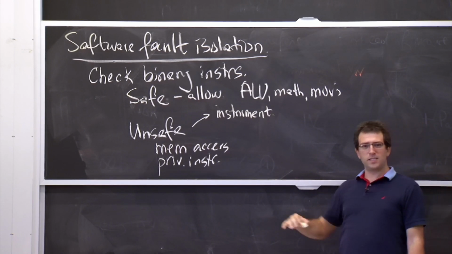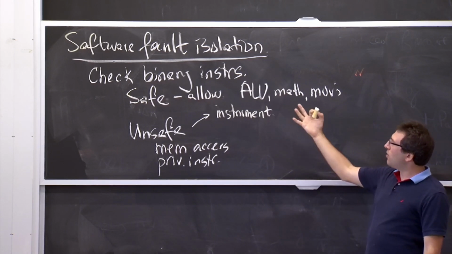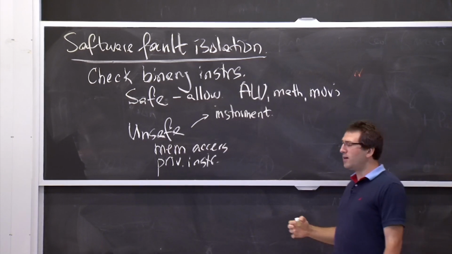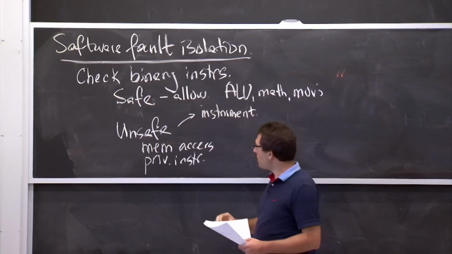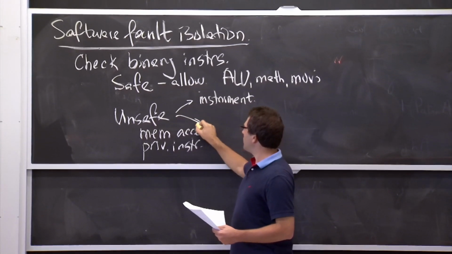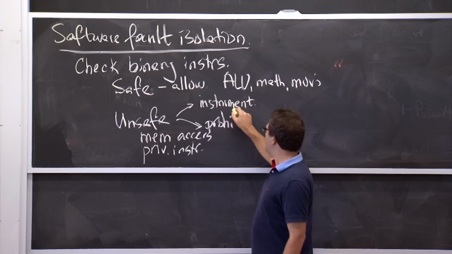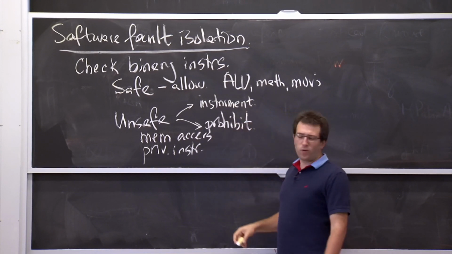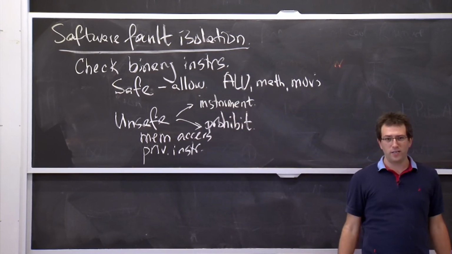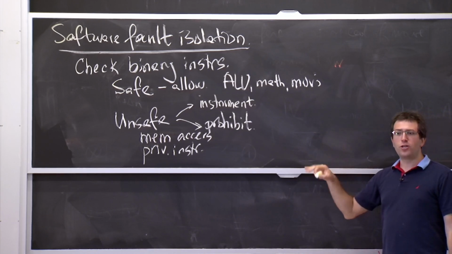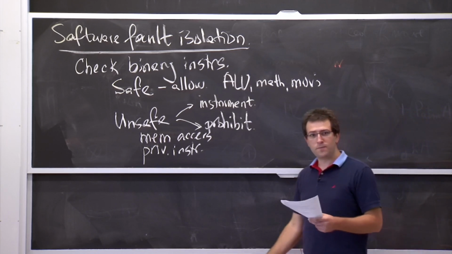So does that make sense? This is their sort of big idea for enforcing safety without support from the operating system at some level. And I guess for other unsafe instructions, they don't instrument all of them. Some of them they actually prohibit if they believe that this is an instruction that's not really necessary during normal operation, and if an application tries to run it, we should just kill the application or not allow it to run in the first place.